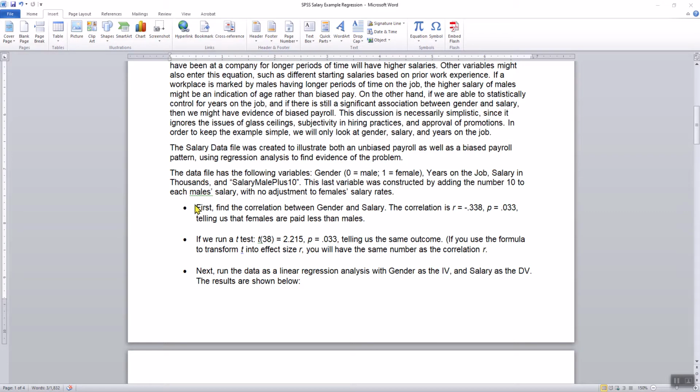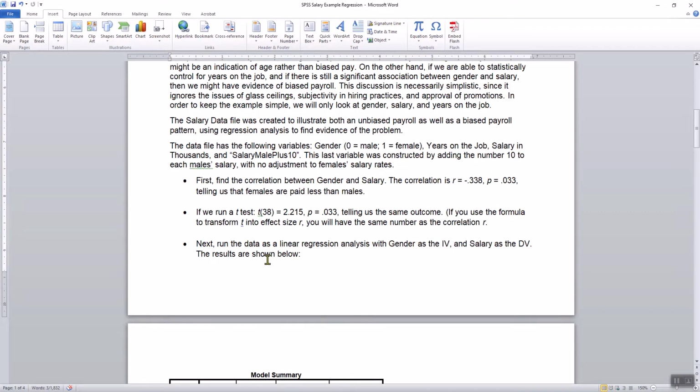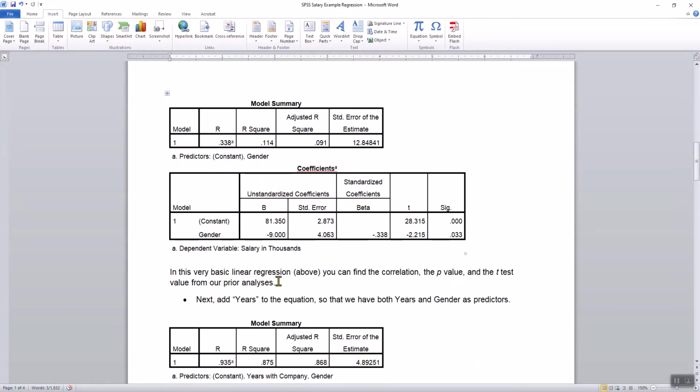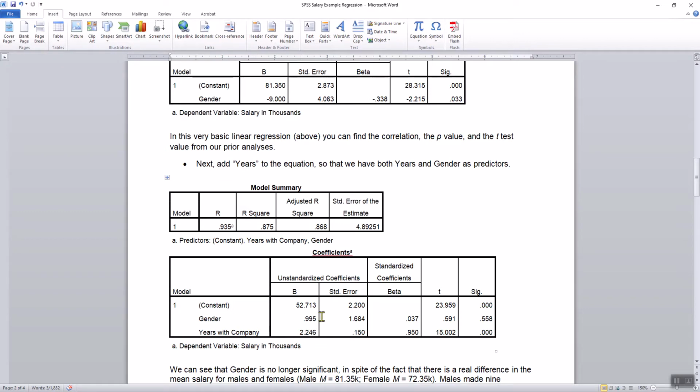And so these things here, the correlation, the t-test, and the different things here, these are all things that I already did using SPSS. And these are the examples of the output. When you run it on your own, you can check to see that you got the same thing. This is first with just gender, and then gender and years.